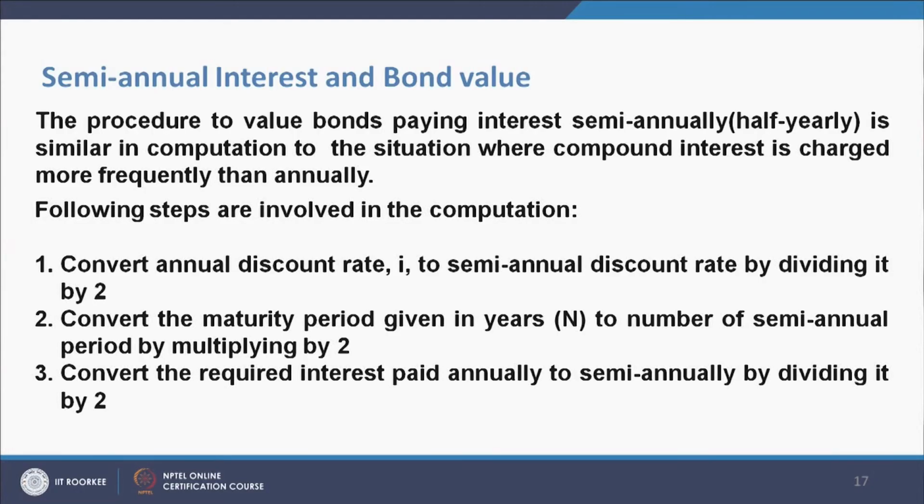Convert the annual discount rate to a semi-annual discount rate by dividing it by 2. Convert the maturity period given in years n to the number of semi-annual periods by multiplying it by 2. Convert the required interest paid annually to semi-annually by dividing it by 2.